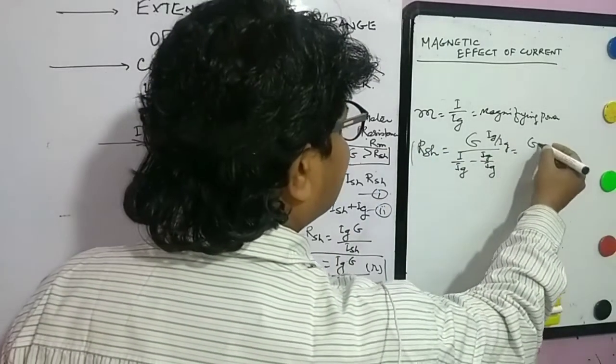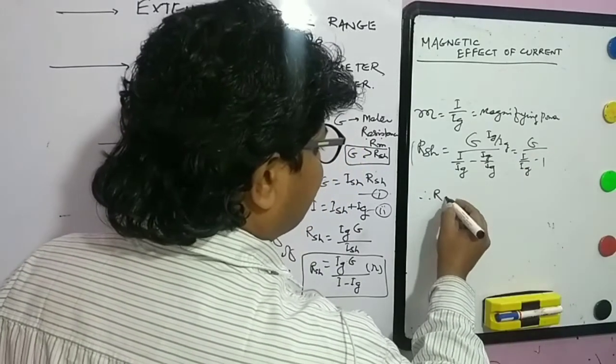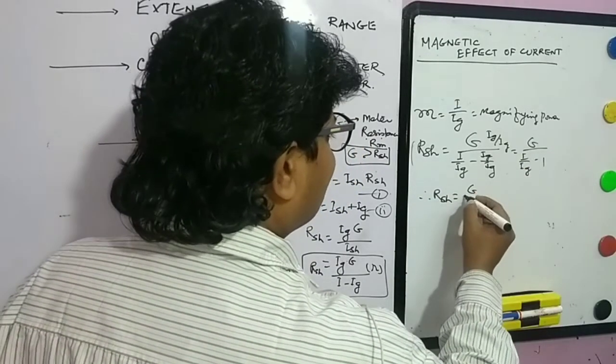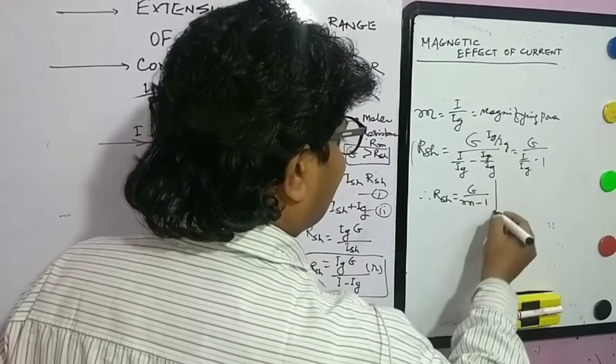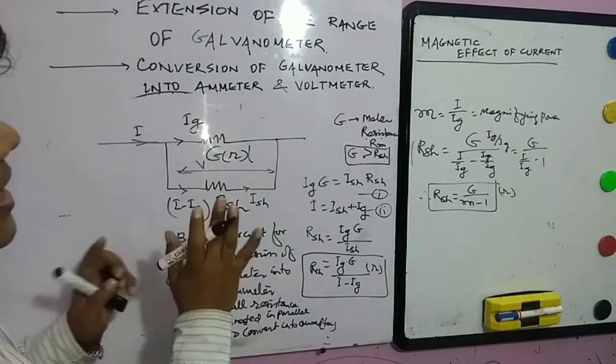So in short, RSH equals G divided by M minus 1. Finish. This is your ammeter.